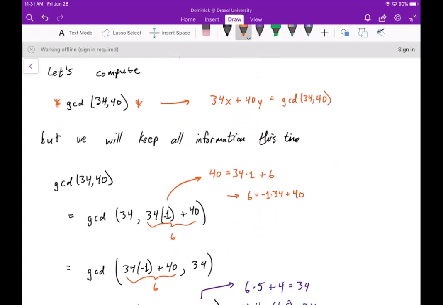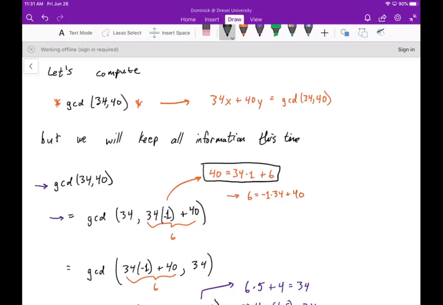Of course, if I want the GCD of 34 and 40, the first thing I want to do is write 40 as 34 times 1 plus 6.